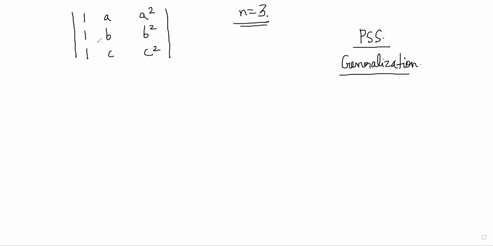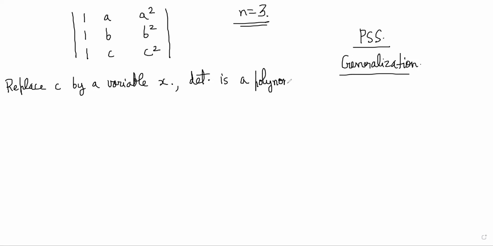So what do I mean by generalization? Instead of trying to evaluate this determinant, we can replace c by a variable x. Then the determinant is a polynomial of degree 2.